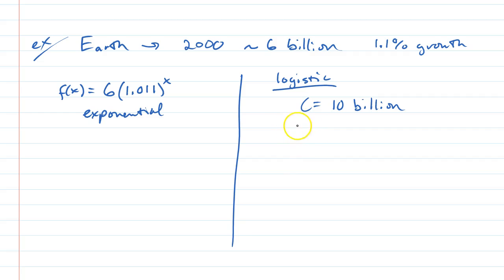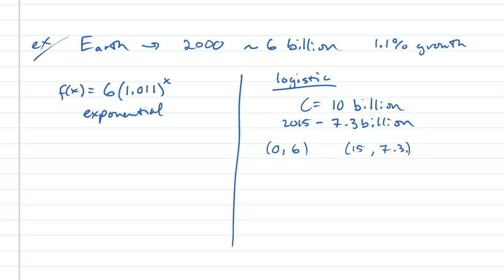Also, they might give you another year, 2015, and in 2015 we had 7.3 billion people. One thing I forgot to mention is that in this exponential model, we assumed the year 2000 was year 0. We're going to do a similar thing over here. To continue making the logistic equation, I'm going to use my old point, 2000, which is 0, 6. The second point I have is 2015, which will be 15, 7.3.